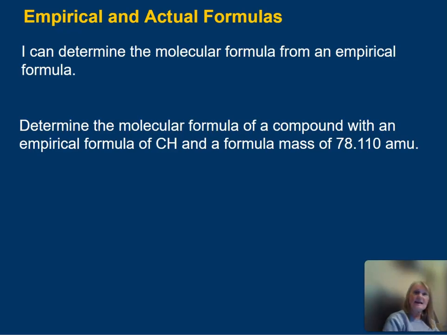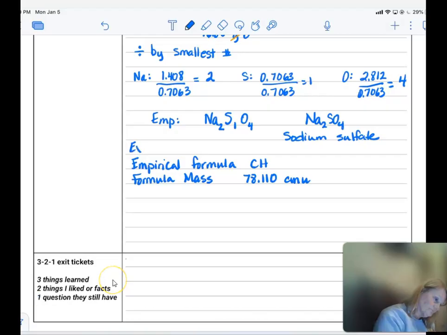So we're going to write just that piece down. On this example, our empirical formula is CH. Our formula mass is 78.110 AMUs.